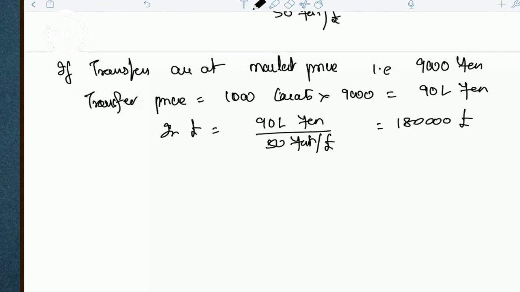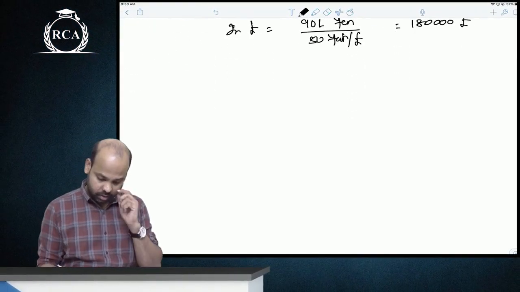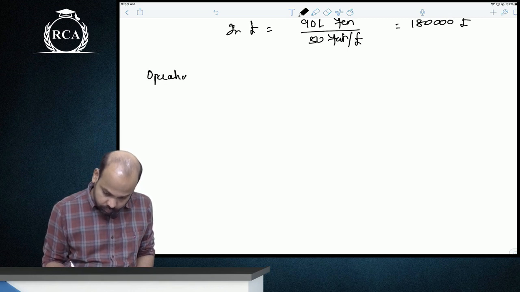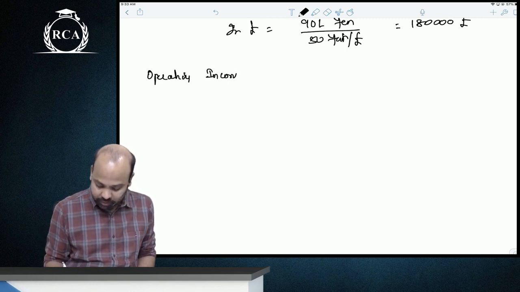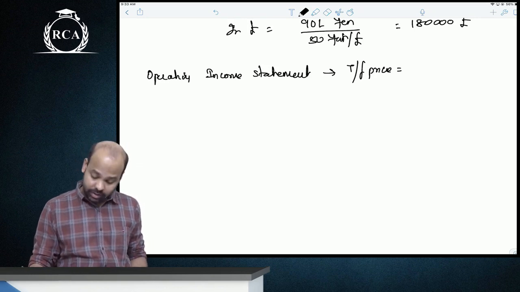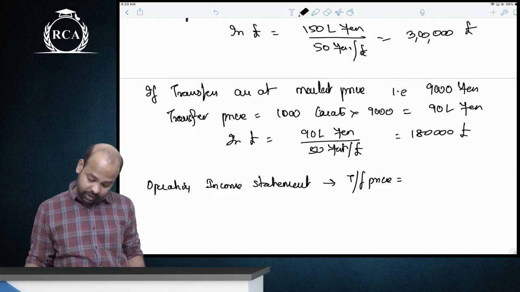Let us now compute your operating income statement, guys. First, under which case? When the transfer price is equal to 15,000 yens.